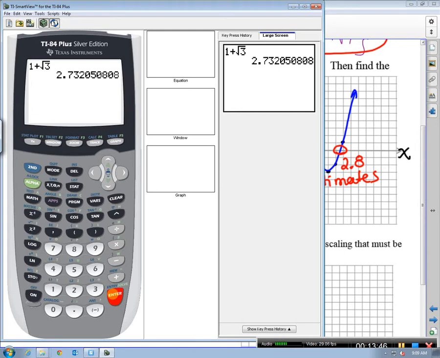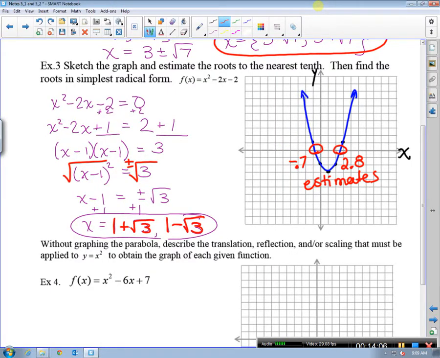One plus the square root of 3 is 2.7. Oh, pretty good guess. And 1 minus the square root of 3, negative 0.7. I swear I didn't cheat. We can tell because our graph is decent. So these were about 2.7 and negative 0.7. Not bad.